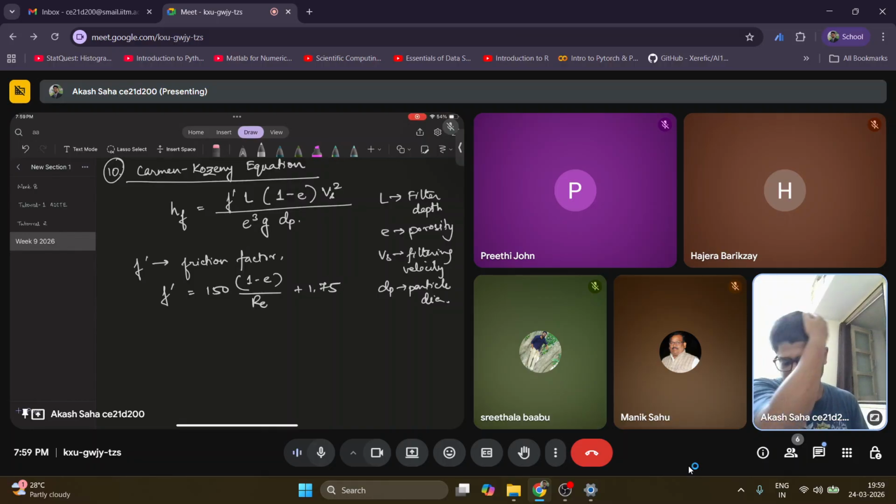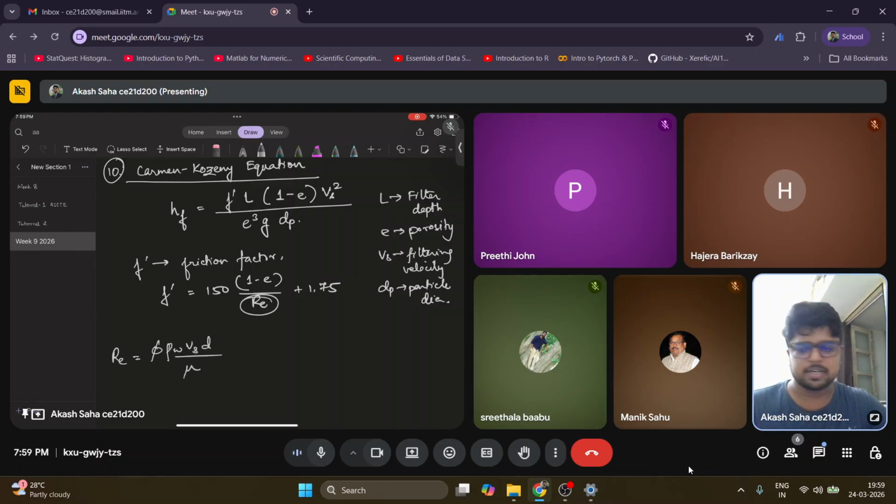For this question, we first need to calculate the Reynolds number. We know it is rho Vs into d by mu, but instead we will add the shape factor into this.